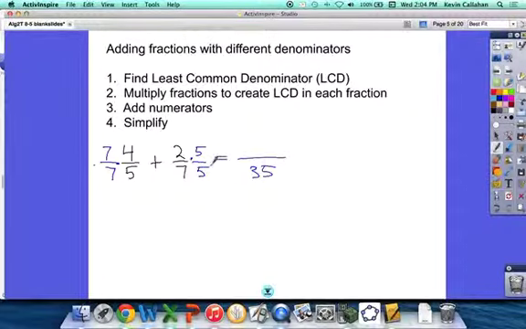So now that everything has the same denominator, add the numerators. Right? This will be 28 plus 10, which is 38 over 35.